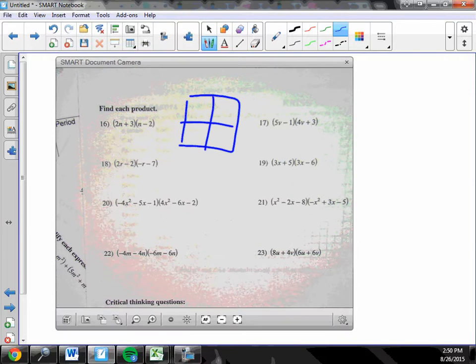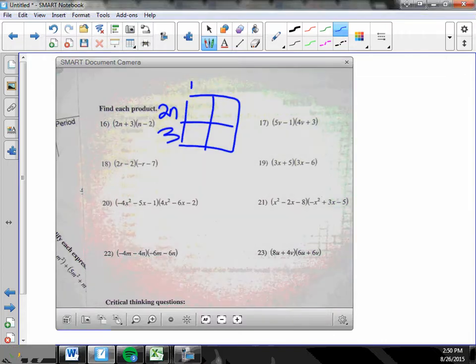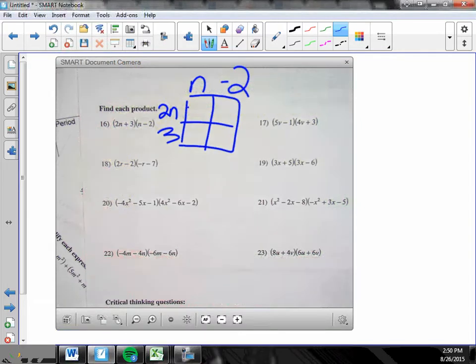You put one polynomial on one side, and you put the other polynomial on the other, and then each square represents the product of the intersection. So that top left box is the product of 2n and n, which is 2n squared.